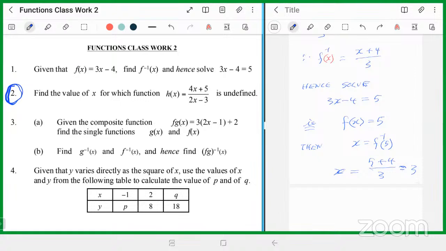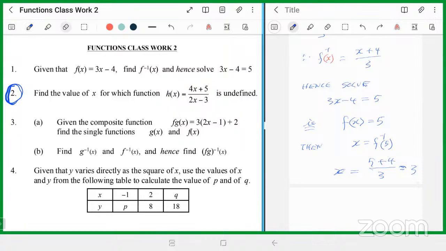A simple, straightforward question. This says find the value of x for which this function is undefined. Instead of saying undefined, I could have also said not defined. Same thing. But what does that mean?